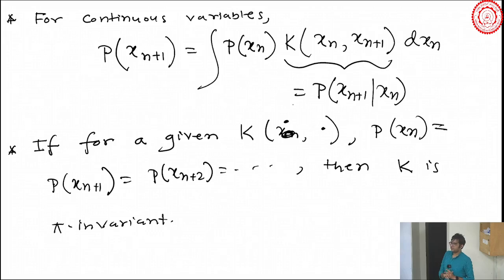Right? So next, let us do two things. First, as I said, there are two additional conditions, so let us discuss that. And then let us go directly into the Metropolis algorithm and look into how you sample using it. And then from the Metropolis algorithm, we'll come back and see how it satisfies these three conditions: pi invariance, irreducibility, aperiodicity. Okay.